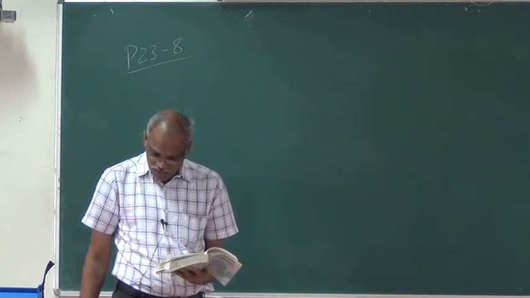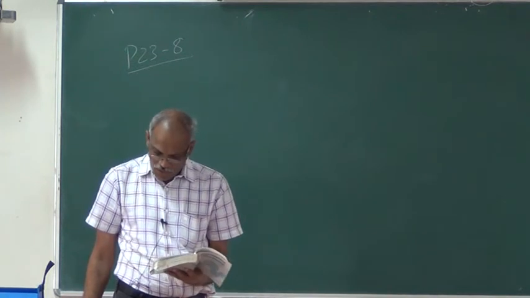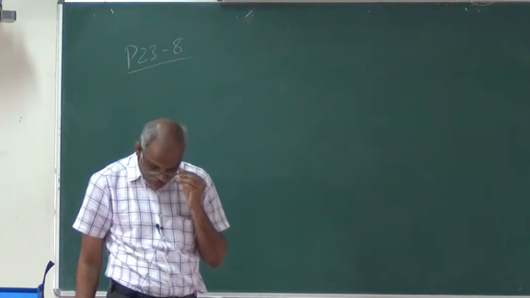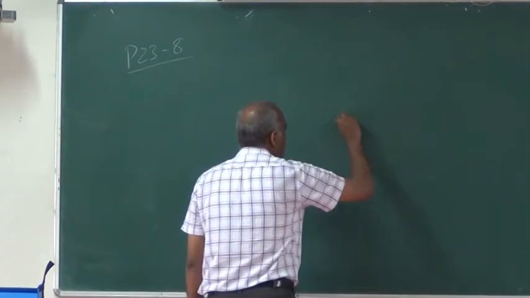Find the force S in the string AB and the pressures produced on the floor at the points of contact D. So the figure is given like this.